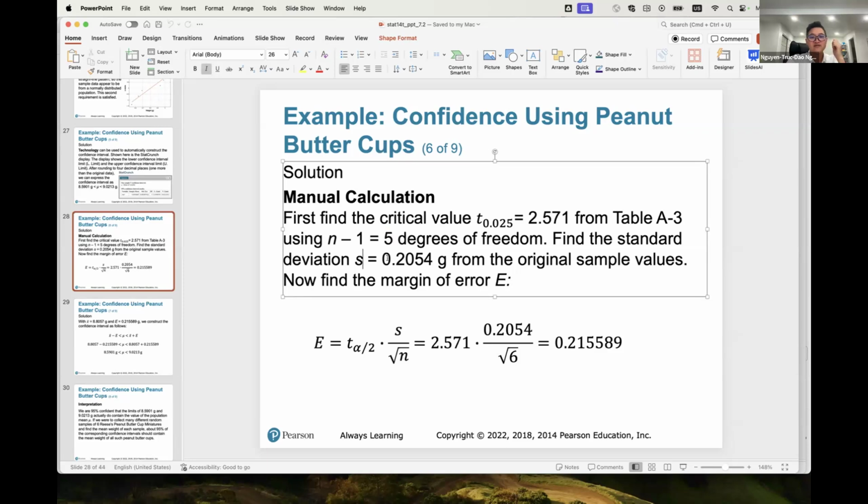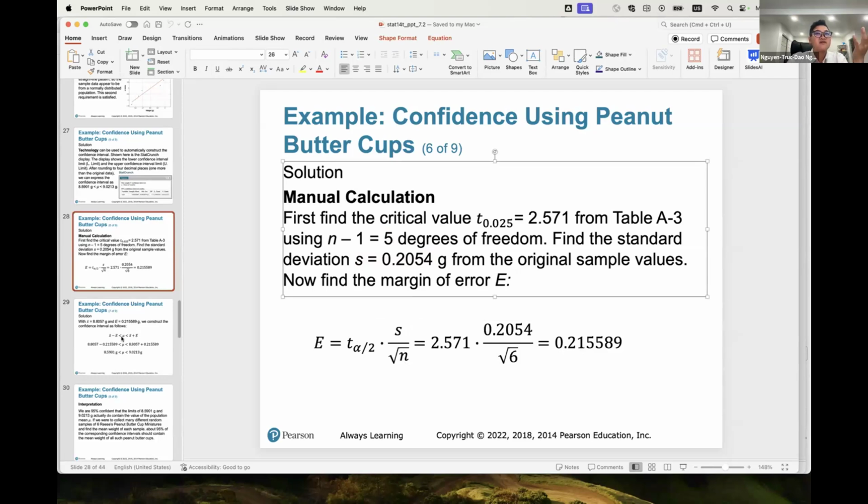We know the standard deviation from the original sample values already, right? And then we apply the formula for the margin of error. We have t alpha over 2 already, we have s, we have n already, we plug everything in here, and we get the margin of error 0.215589.